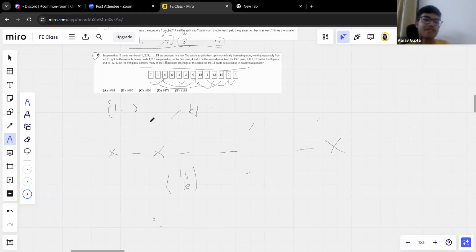And then obviously their order will already be predetermined. But another issue is that you do not want them to be picked up in one go, which is 1, 2 till 13. So you'll subtract 1, and you're summing this from k equal to 1 till k equal to 12, because for 13 it will just become the entire set, and for 0 again it will become all of them in one go.